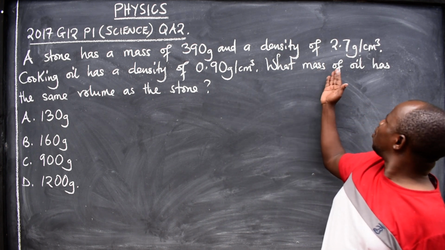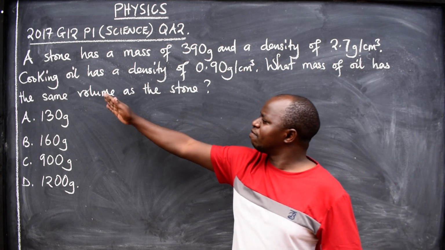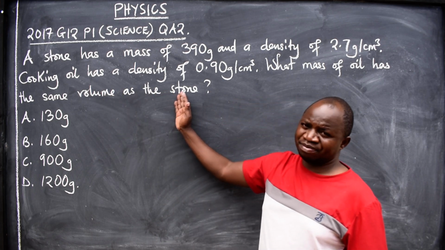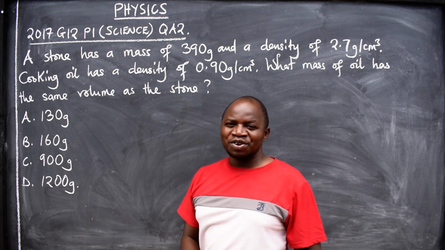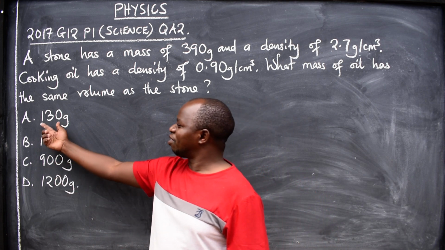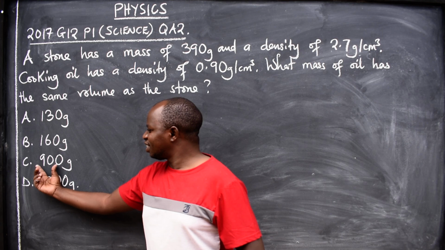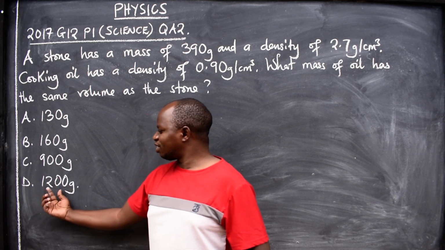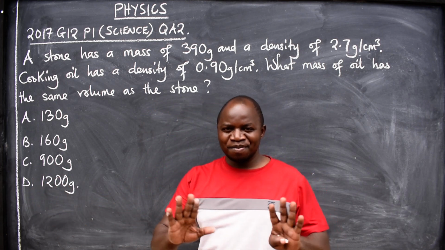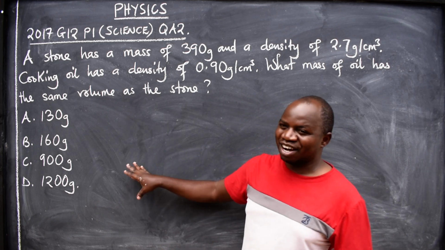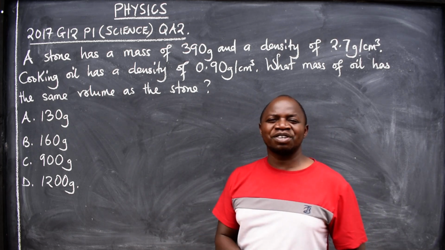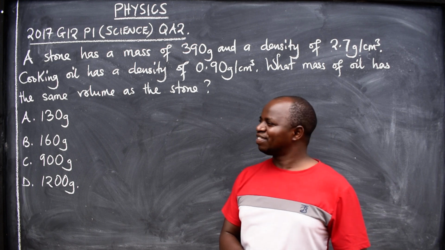What mass of oil has the same volume as the stone? Options were provided. A, 130 grams, B, 160 grams, C, 900 grams, D, 1200 grams. Pause the video, work out, and see if at all you'll be able to get it correct.